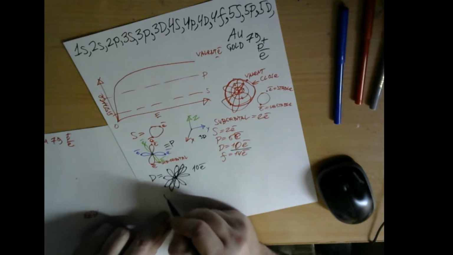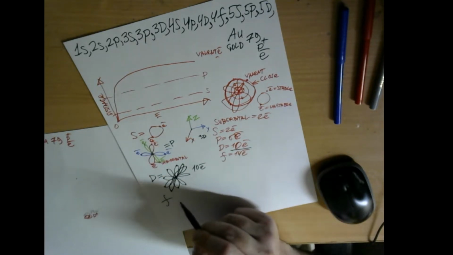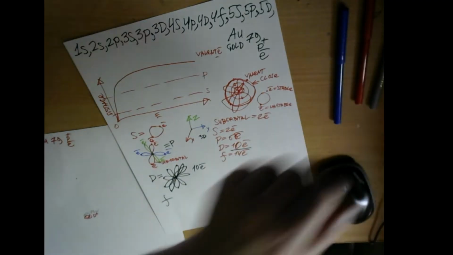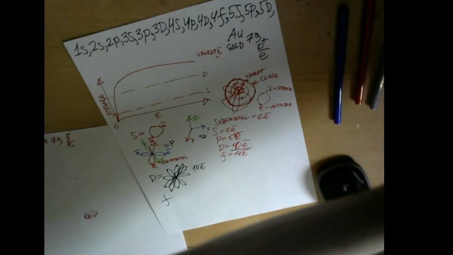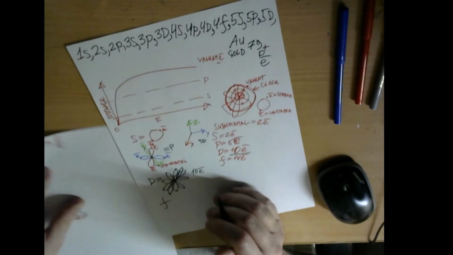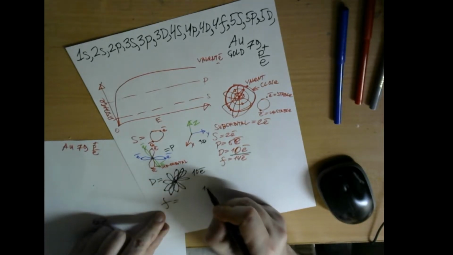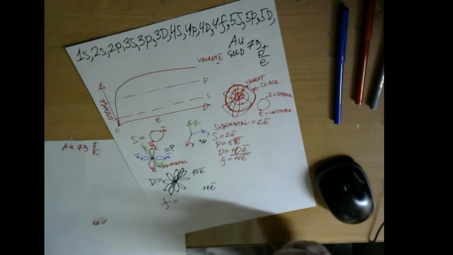And now for f orbital. And I'm sorry, but I will not be able to draw with these markers that I have the full amount of suborbitals on every orbital. So F would be 14 electrons.